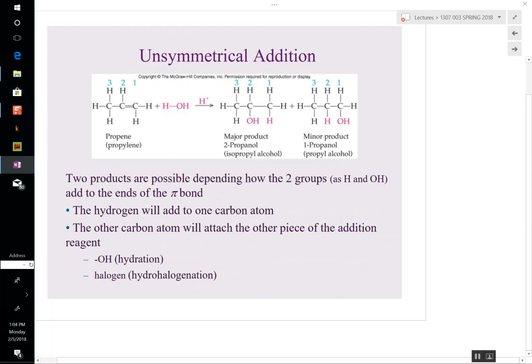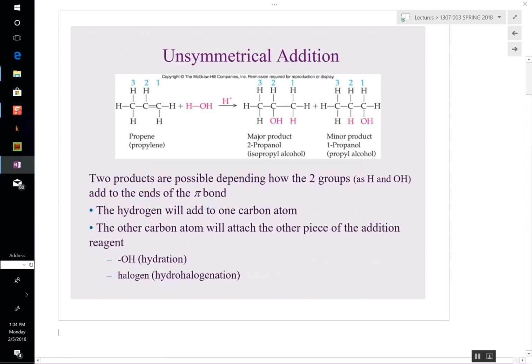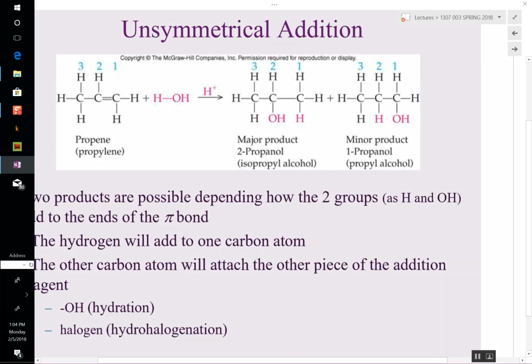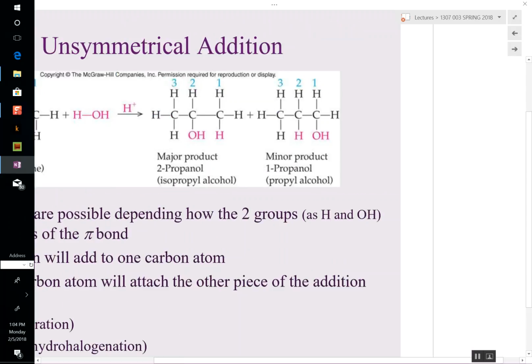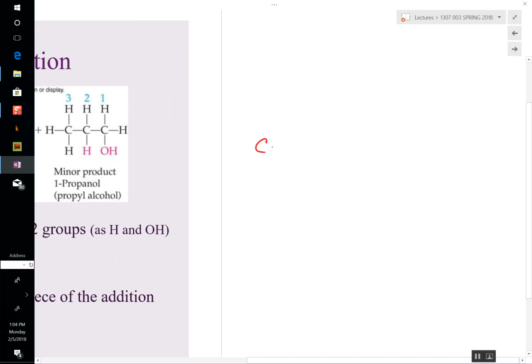Hydration. Now, here's what really happens in real life. And Markovnikov was the guy that really started looking into this. So we take propene, which we've been reacting over here, propene plus water, and you can see that here's my propene.